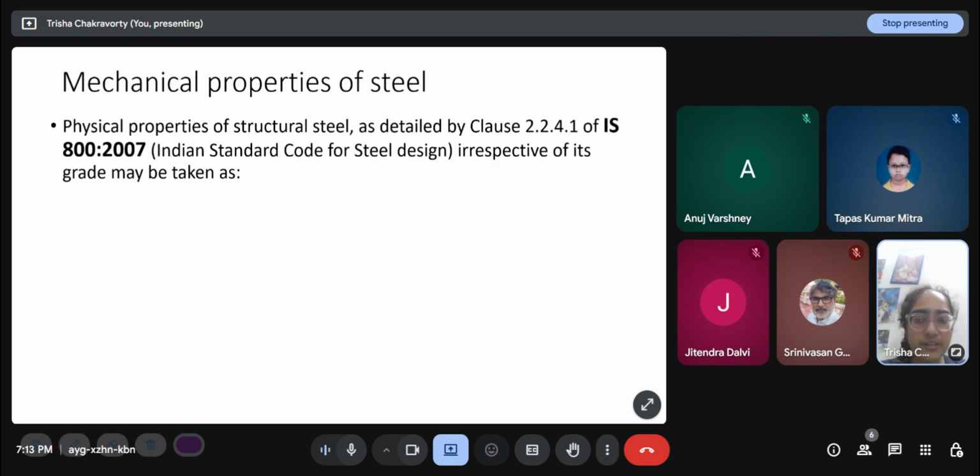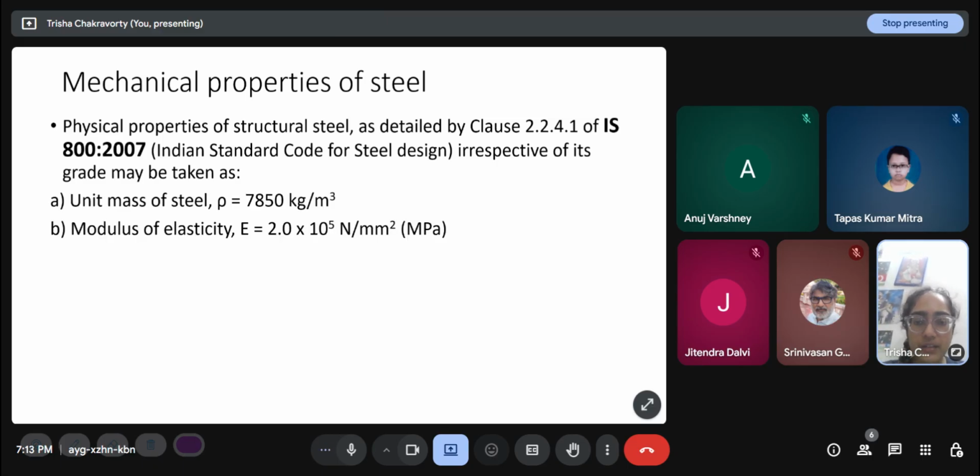Some mechanical properties of steel are taken to be at constant values irrespective of the grade. It is mentioned in IS 800 2007, the Indian Standard Code for Steel Design. Unit mass of steel is 7850 kg per meter cube. Modulus of elasticity or Young's modulus, which is the initial slope of the stress strain curve when it follows linear behavior.